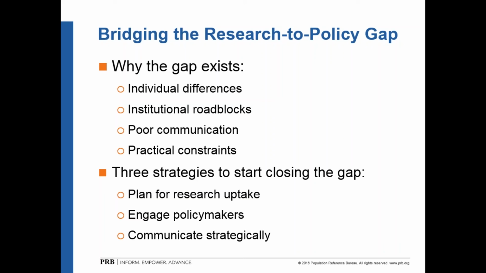And we at PRB see that there are 3 main strategies to bridge this gap, and these strategies are emphasized throughout the toolkit, namely planning for research uptake from the outset, engaging policymakers throughout the research process, and finally communicating evidence and research strategically. And this last one is an area where the toolkit really strongly focuses.